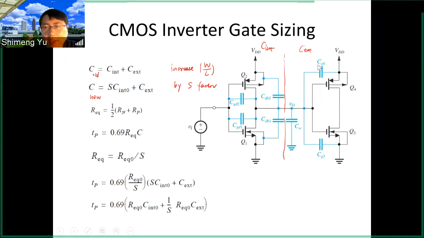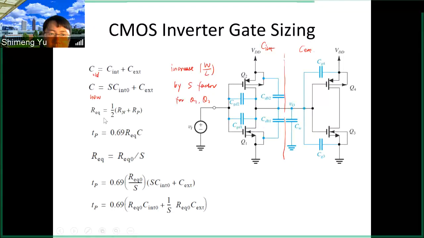But the extrinsic cap has nothing to do with this size. We only increase the size by a factor of S for, let's say, Q1 and Q2. So the extrinsic part will be unchanged. C extrinsic is still there.